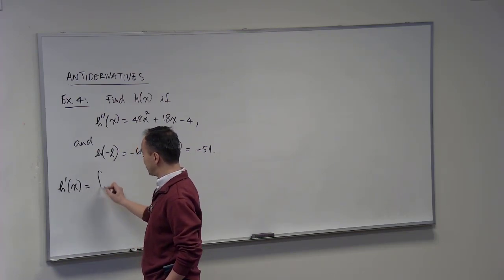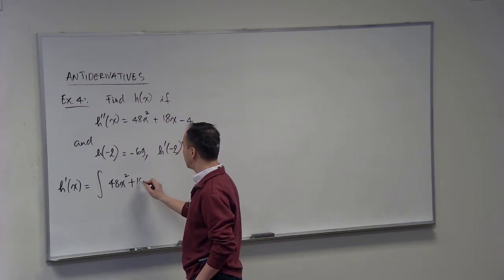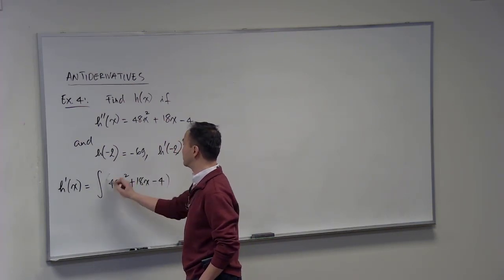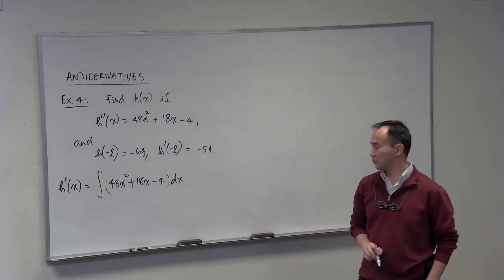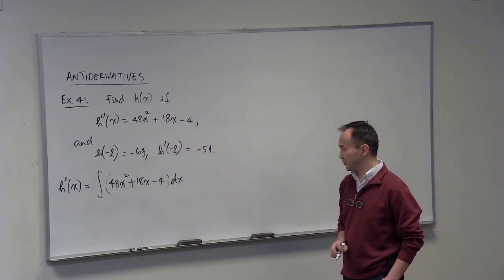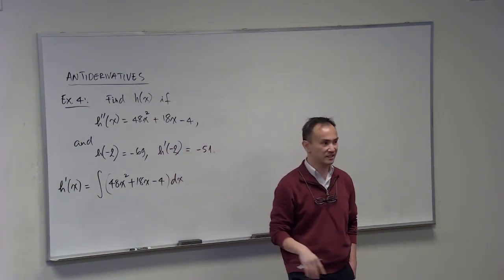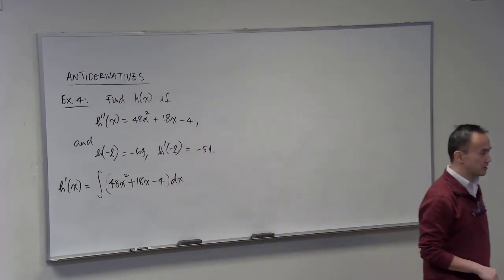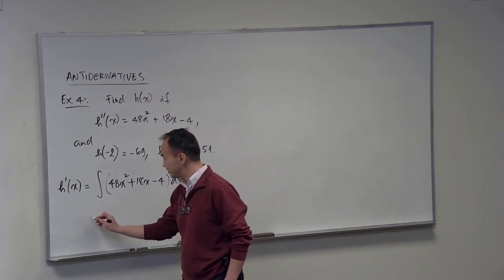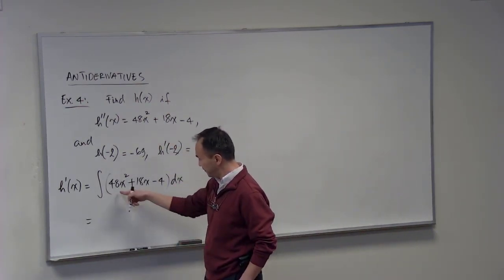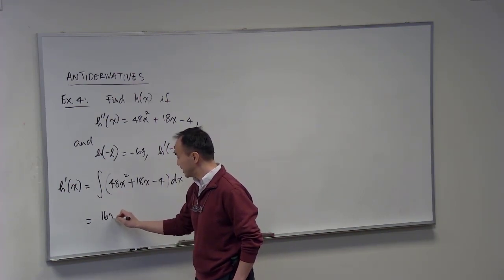So let's take the antiderivative of 48x squared plus 18x minus 4. That's one function; we're taking the antiderivative. You guys all with me on that? Of course we've got three terms, with coefficients and with constant terms all over again. Once again, it's another opportunity to apply our understanding. So first term here, after taking the antiderivative, gives me 16x cubed.